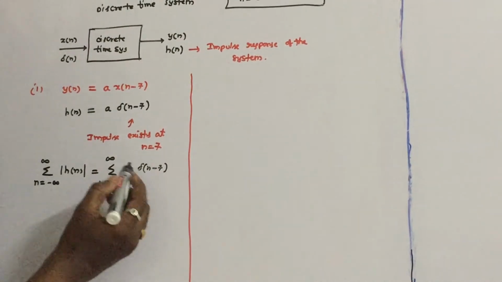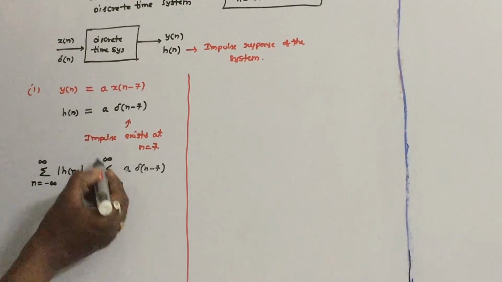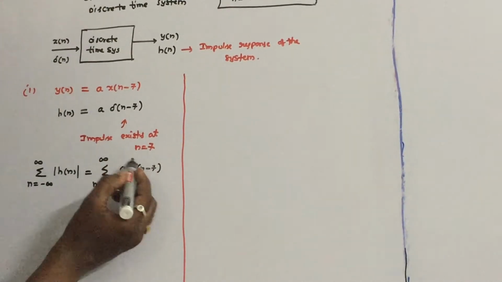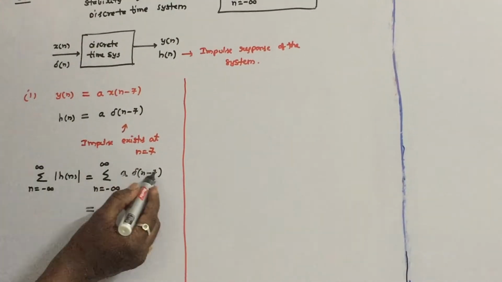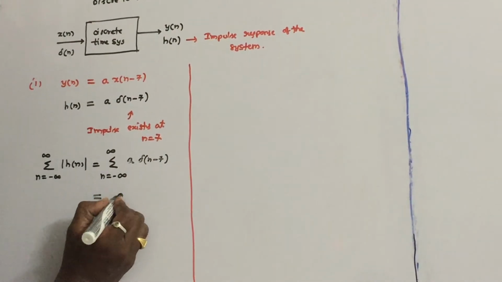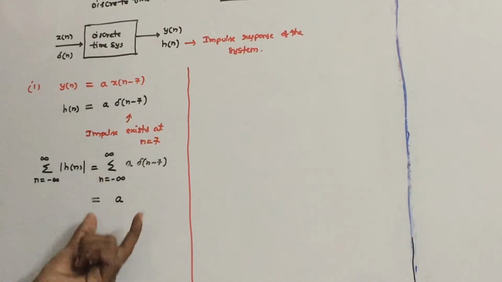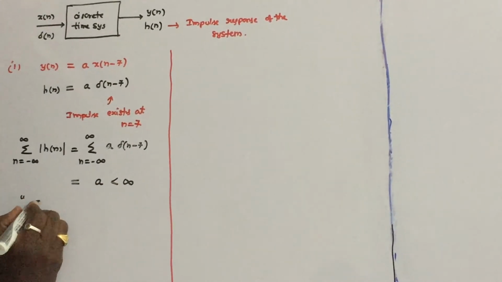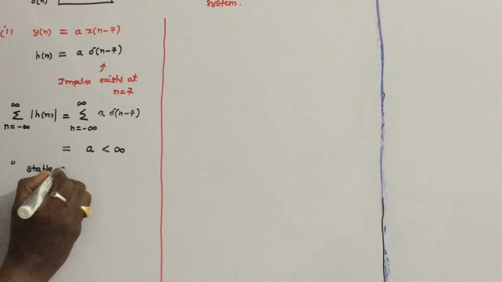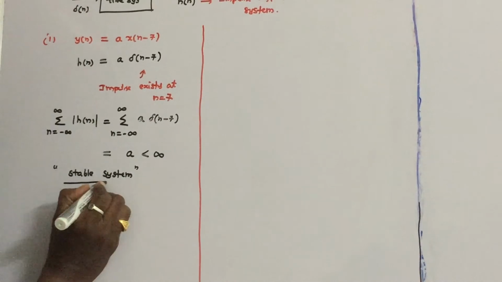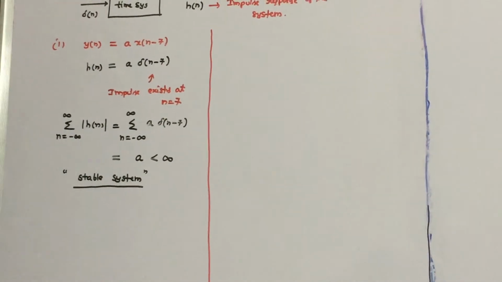Since this impulse exists at n is equal to 7, the value of the impulse is 1, so A multiplied by 1 is A. All the rest of the impulse values are 0. Therefore the answer of this summation is A, which is less than infinity. So this is a stable system since it satisfies the stability condition.